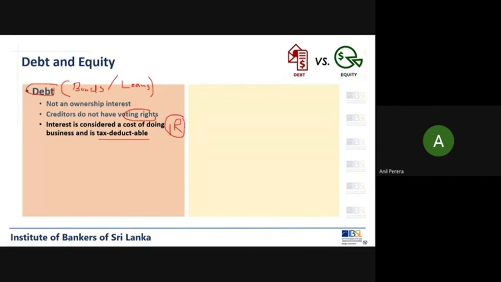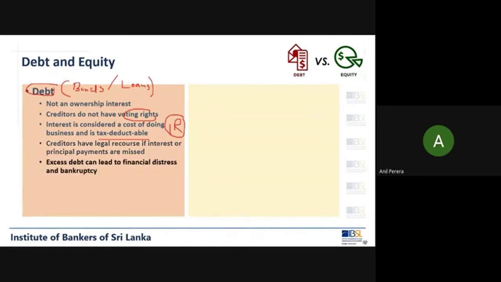That is very important in terms of debt instruments. Creditors have legal recourse if interest or principal payments are missed, right? If you don't get your loan back, or if your issuer does not pay your bond, you have the legal authority, legal right to take action.